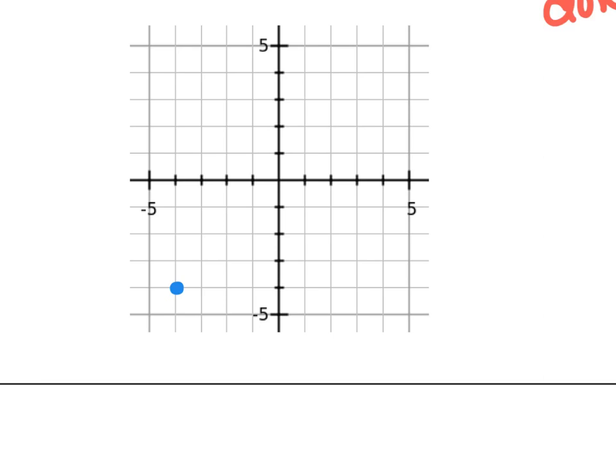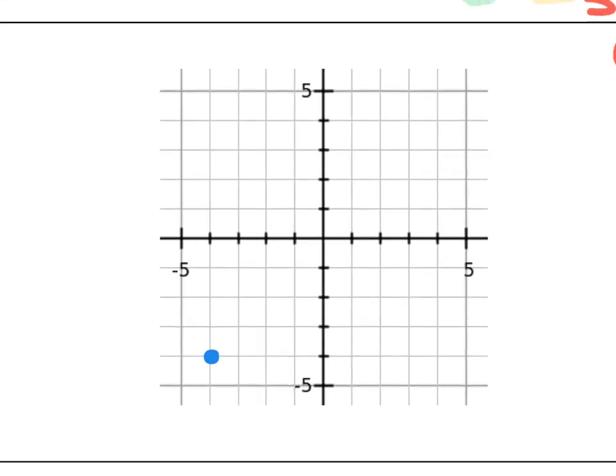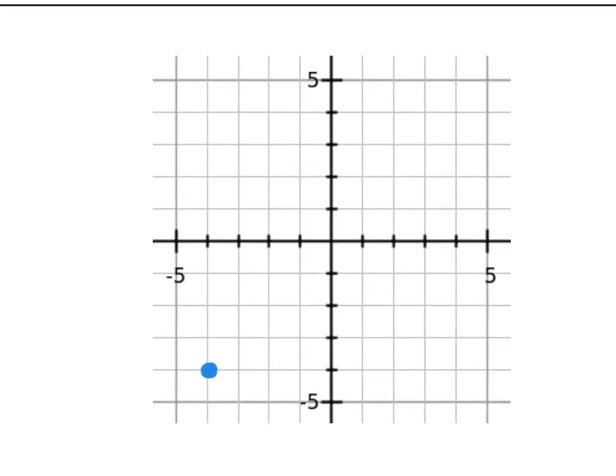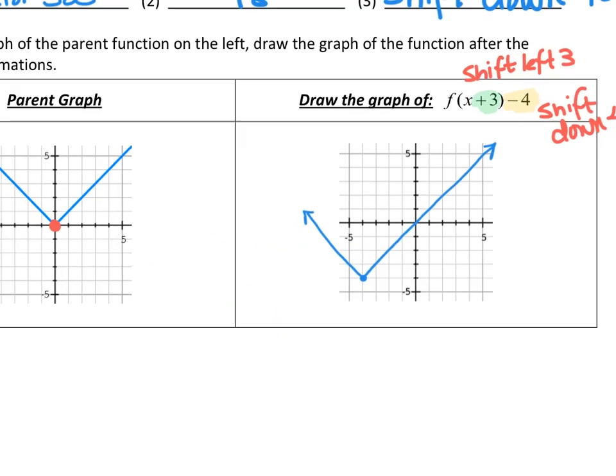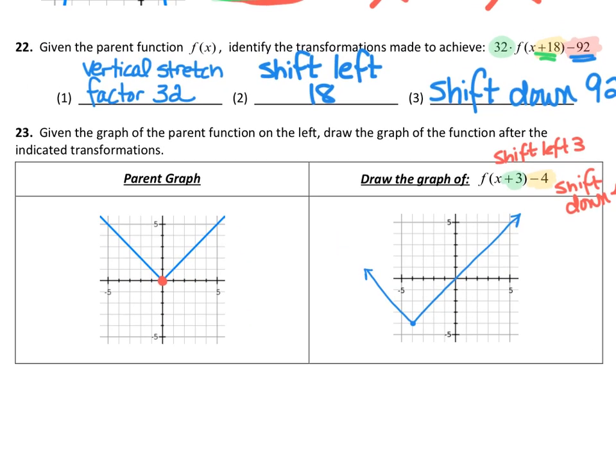And then I'm going to draw the rest of the graph facing the same direction because we don't have any flips, and the same shape. So grab that V shape again. And that's going to be your transformed graph, shifted left 3 and down 4.